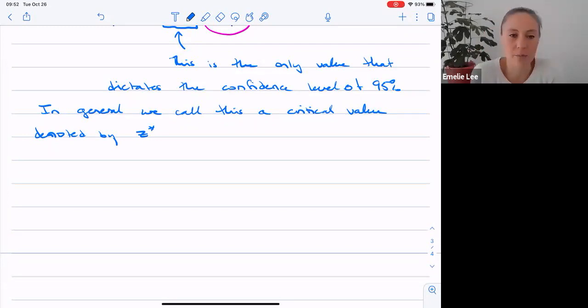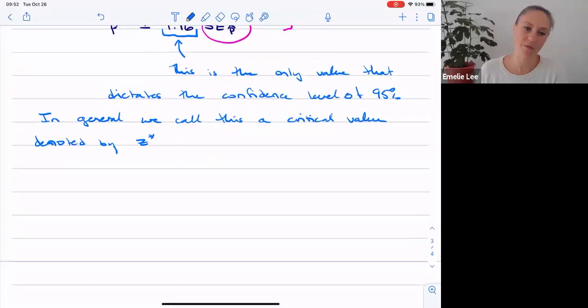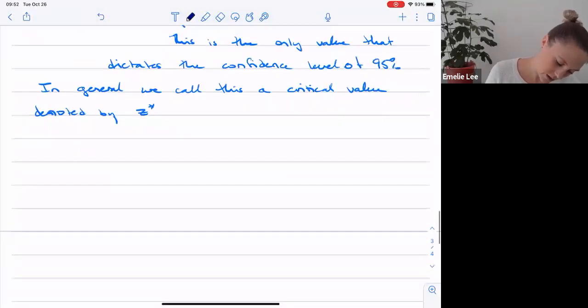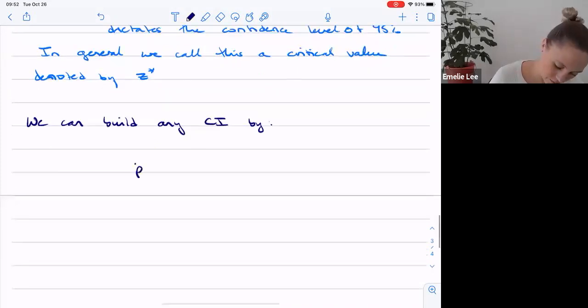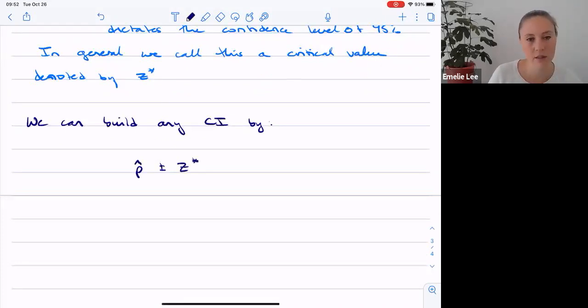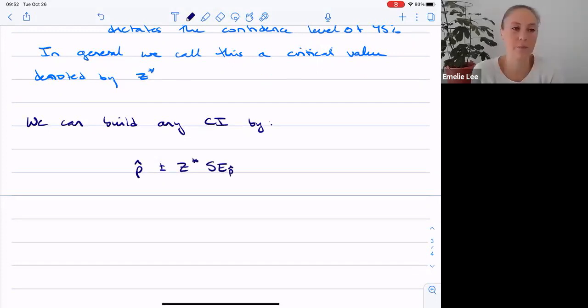At least in the case of proportions. Okay, but for now, we'll start with just calling it Z star. So in general, we can build any confidence level, or we can build any confidence interval by p hat plus minus Z star times the standard error of p hat.